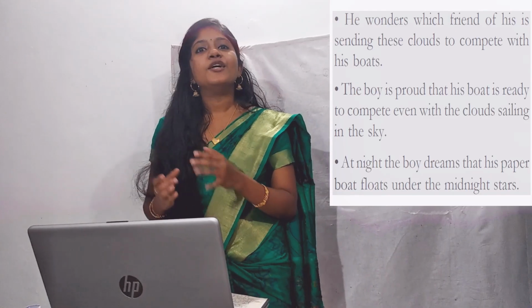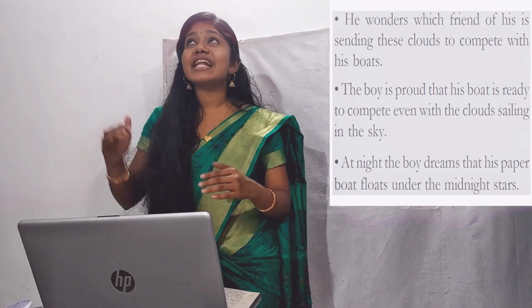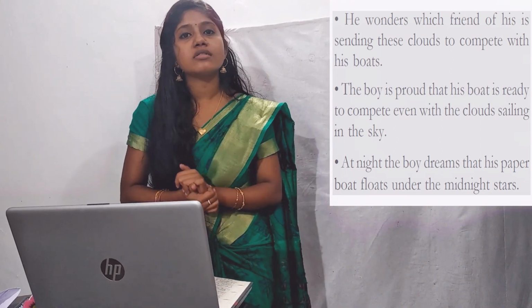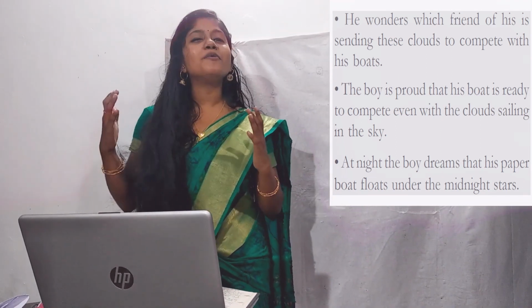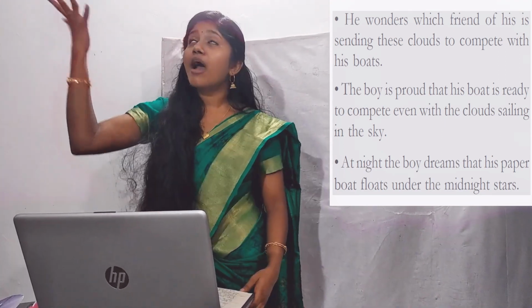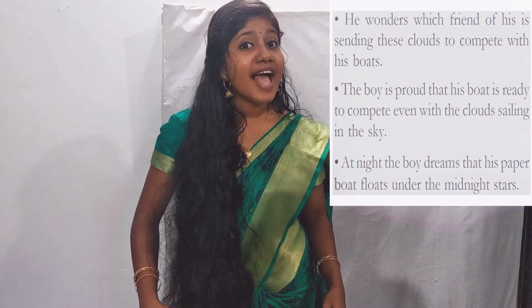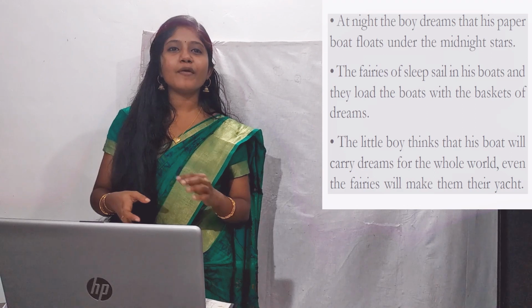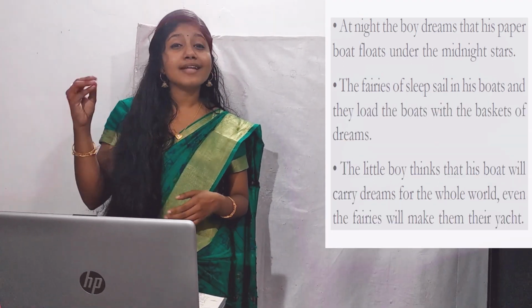He wonders which friend of his is sending these clouds to compete with his boats. The boy is proud that his boats are ready to compete with clouds even in the sky. And what was his dream? At night, the boy thinks that his paper boat floats under midnight stars.